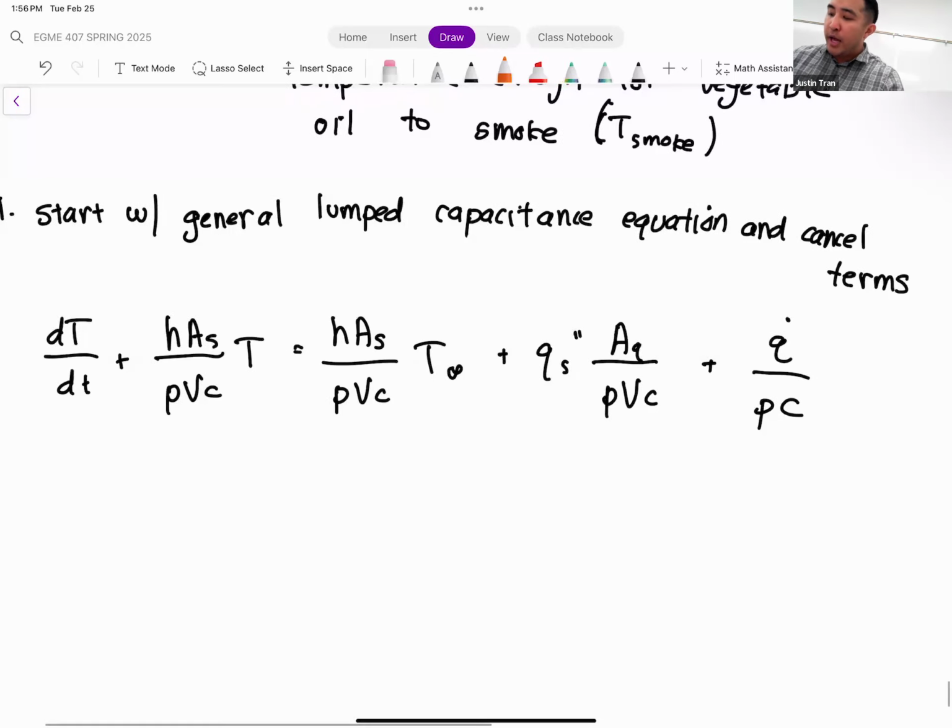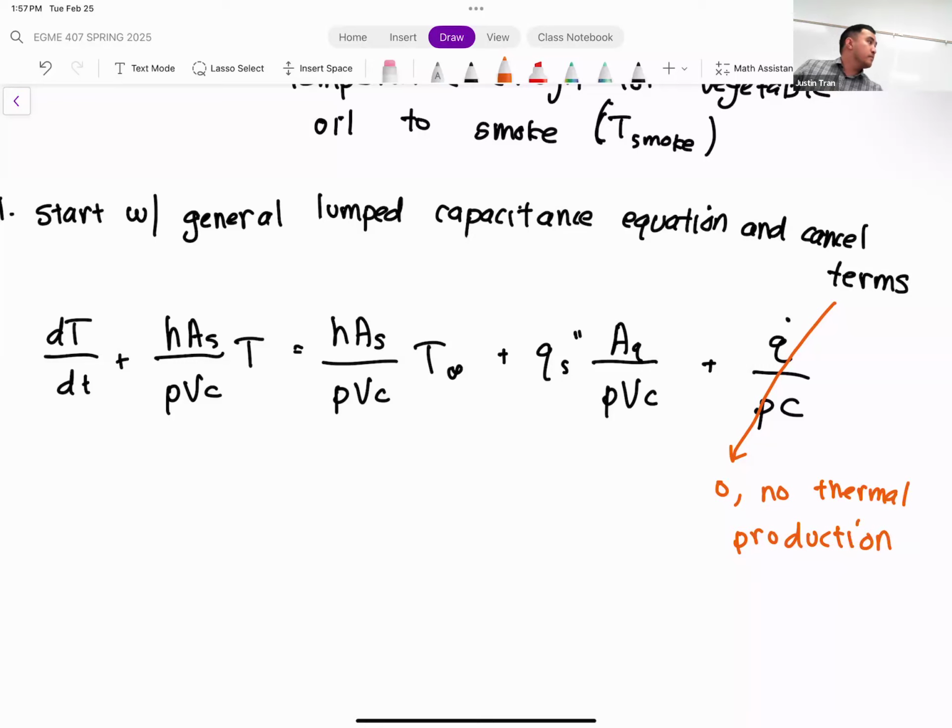The only cancellation we have is the thermal production. All right, and then we're left with the following equation there.